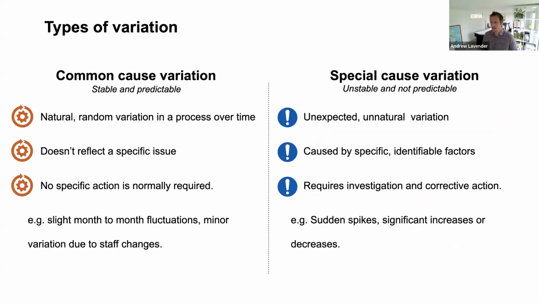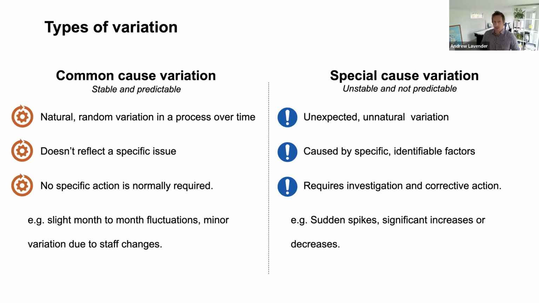Okay, so the next slide is thinking about the different types of variation that we see in SPC. We've got two types of variation, one on each side of the slide here. The first, on the left, is common cause variation. This is pretty easy to explain. This is the stable, predictable stuff. It's natural, random variation in your data and in your process as you're looking at it over time.